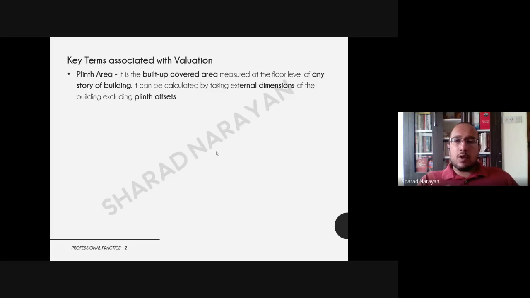For example, on the ground floor, I have full stilt parking. Where is the plinth? Correct? So in that sense, we have to consider plinth area as the built-up covered area measured on each floor of the building. This is inclusive of projections which are made for the purpose of balconies, sit-outs, and so on. I hope we're clear until this point.